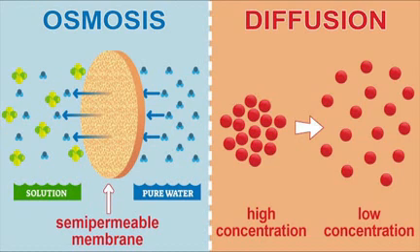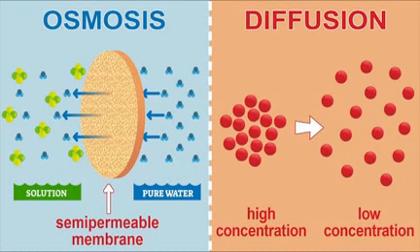The water has less concentration, so it moves towards that seed and it swells up. Such a process is known as endosmosis.